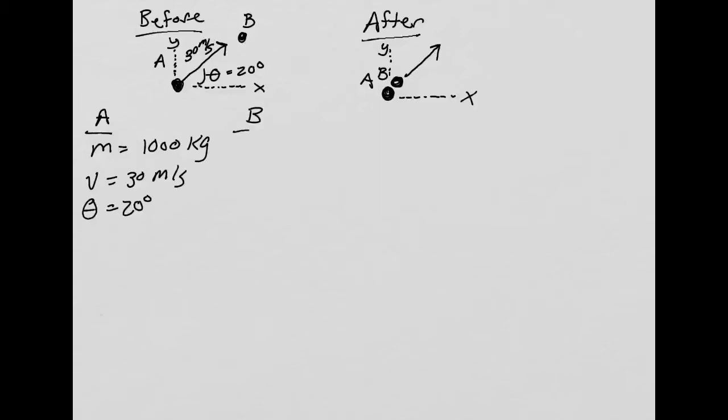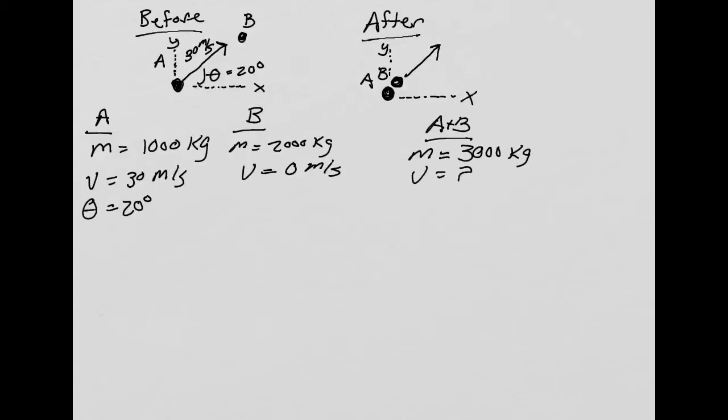Car B has a mass of 2,000 kilograms, and its velocity is 0 because it's parked. So we now need to look at our final velocity. After we have A plus B collided together, the total mass of this is 3,000 kilograms, and the velocity is our unknown that we're trying to solve for.